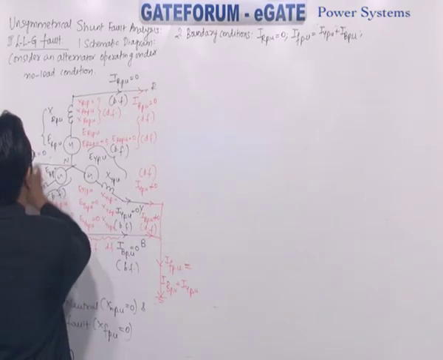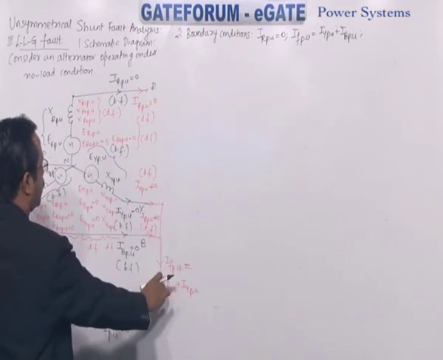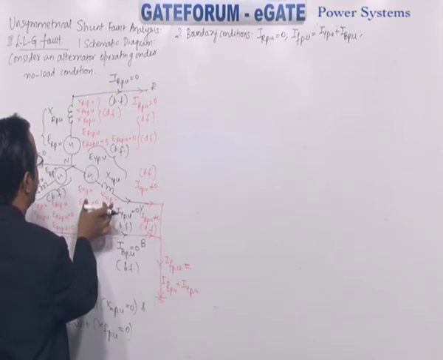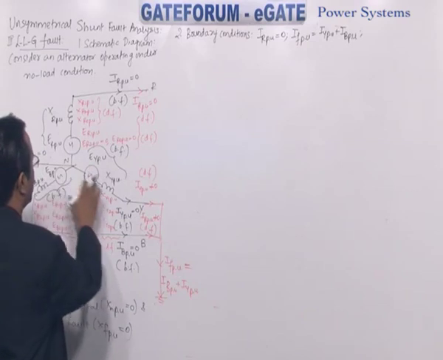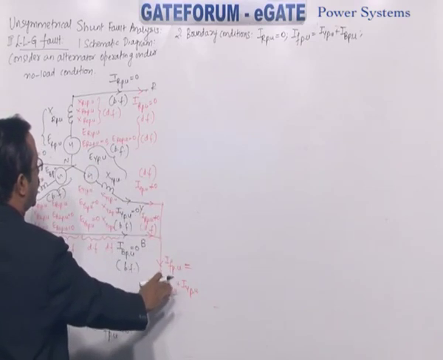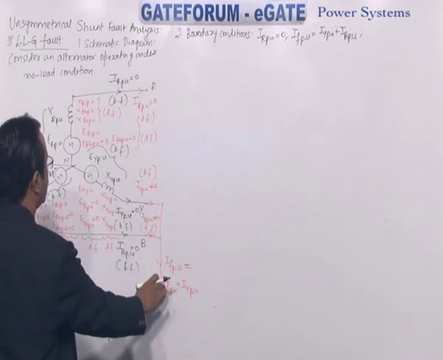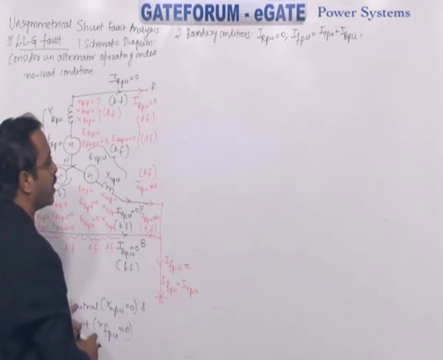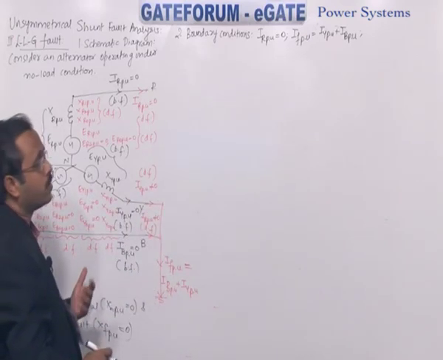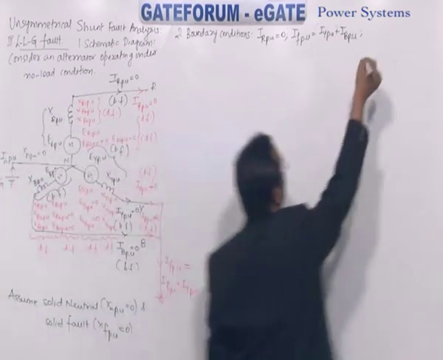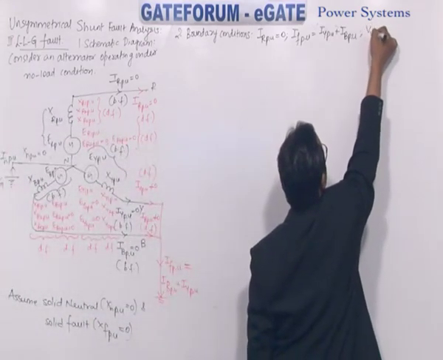If there is no current flow through the Y phase, because the Y phase is between two equal potential points, current cannot flow between two equal potential points. So what will be VY per unit? 0. So VY per unit is 0.